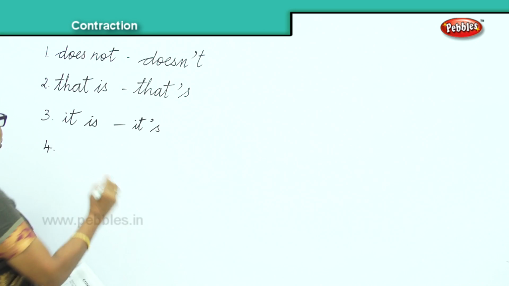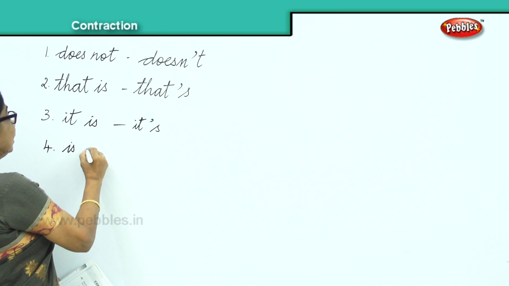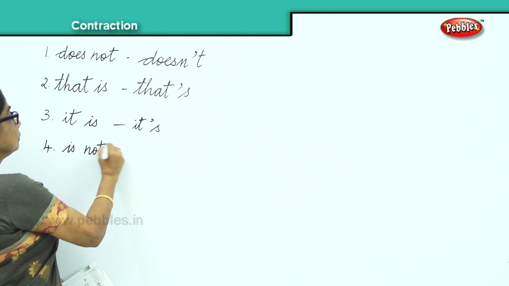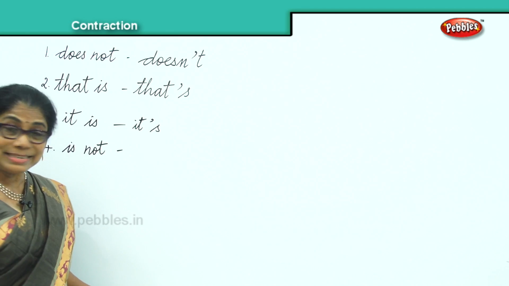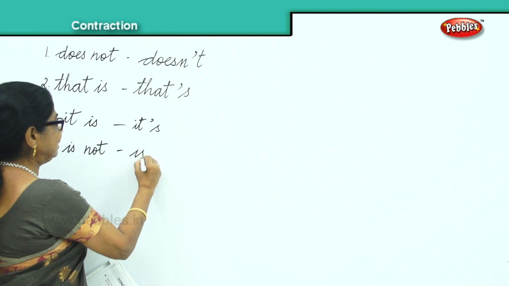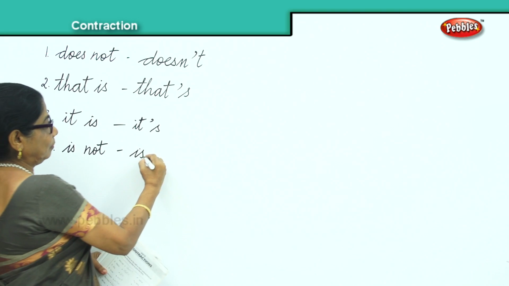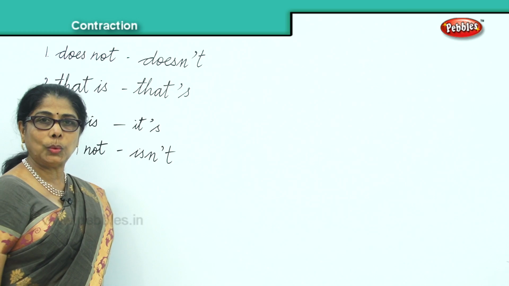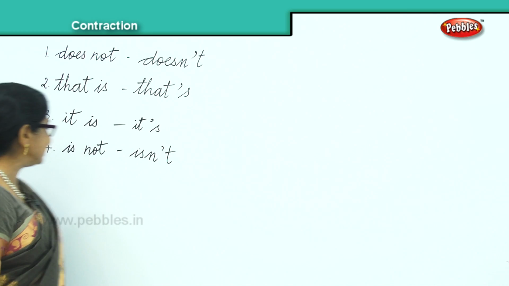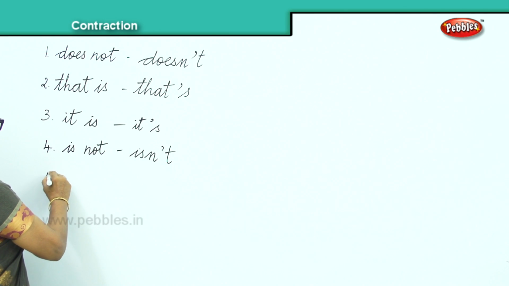Next one. Is not. How will you say that? Isn't. You will write is, N, apostrophe, T. You take away the O. Isn't. That isn't. Alright.